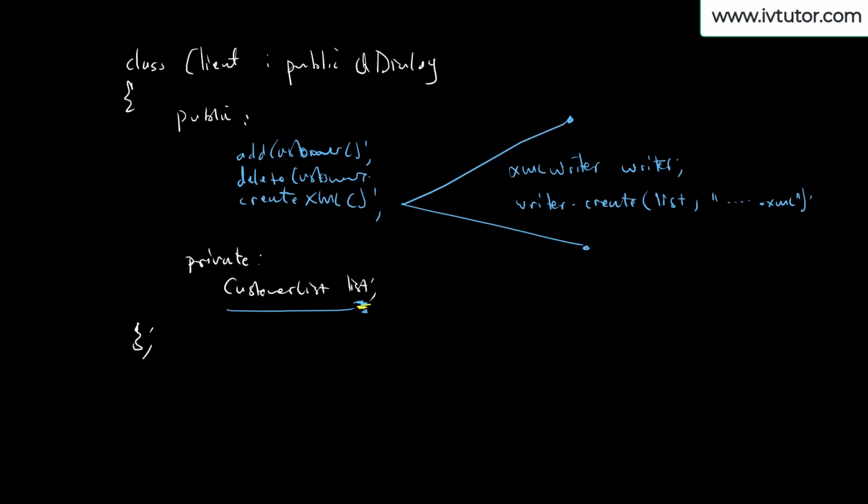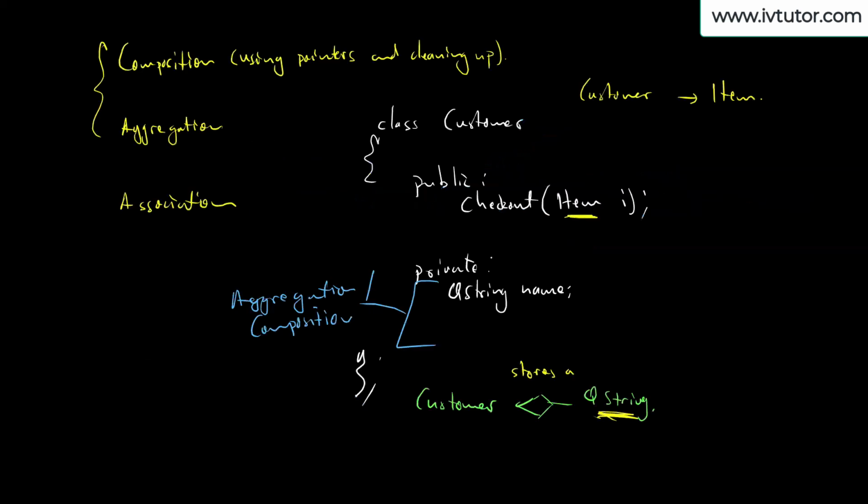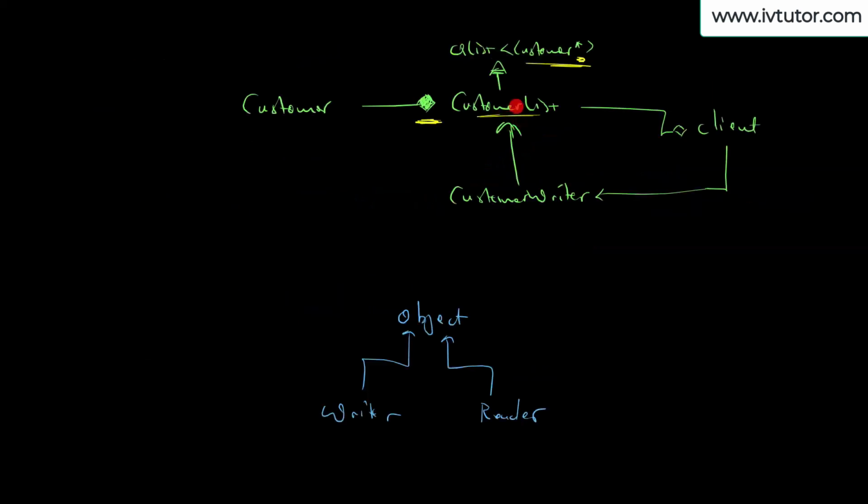And generally speaking, you're going to realize that every time you have a container, your client is always going to have an aggregation relationship with your container all the time. So you can say whenever I've got a container, it's going to be aggregation with my client because we have to keep this container here to keep track of what's in the container within our client.